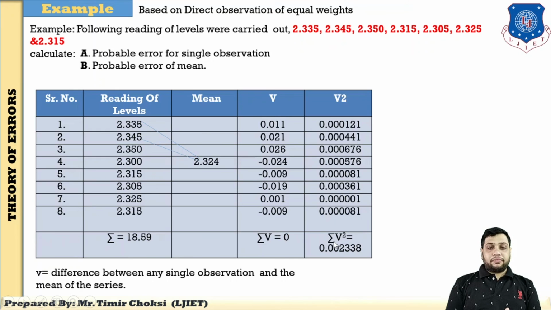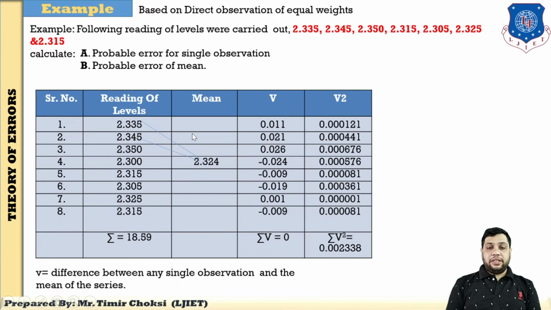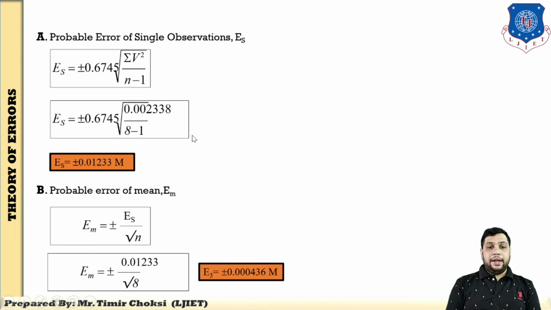Now after finding V square, put the value in the equation of probable error of a single observation. So ES equal to plus minus 0.6745 under root summation V square divided by n minus 1, which is 0.002338 divided by 8 minus 1, because n equal to 8. So the answer is ES equal to plus minus 0.01233 meter.